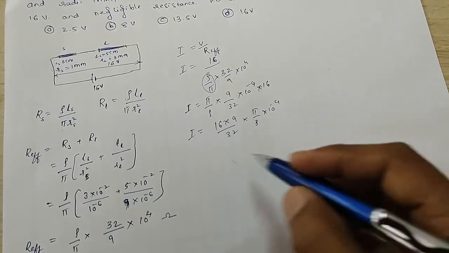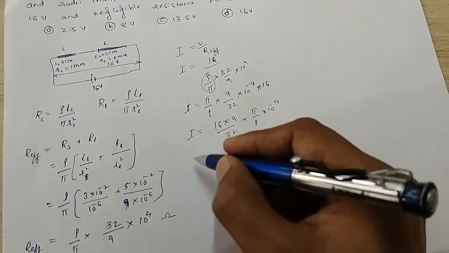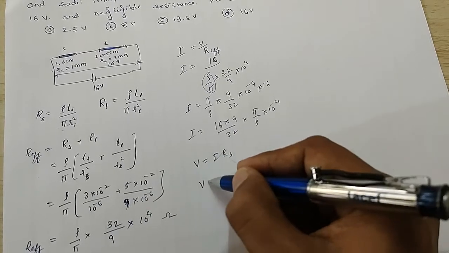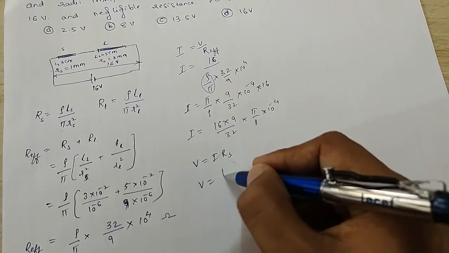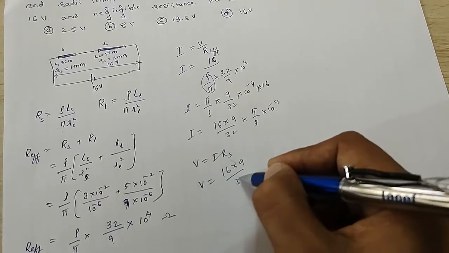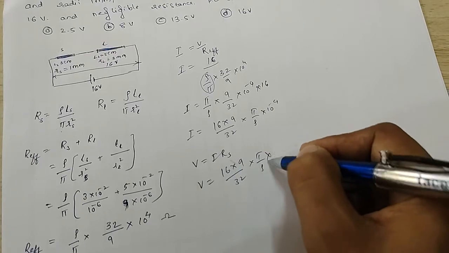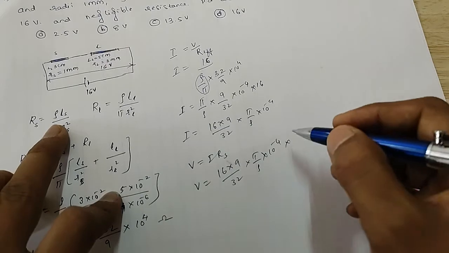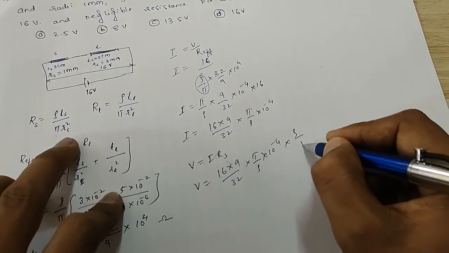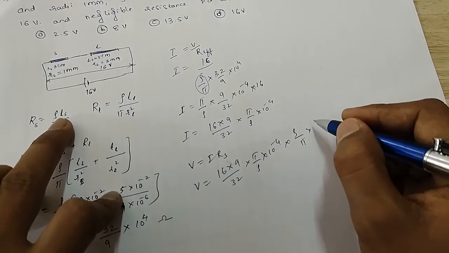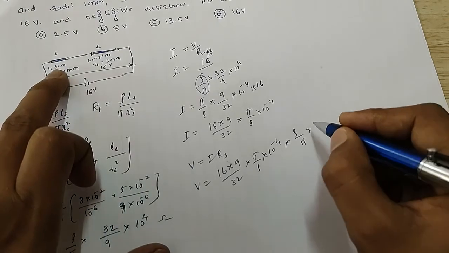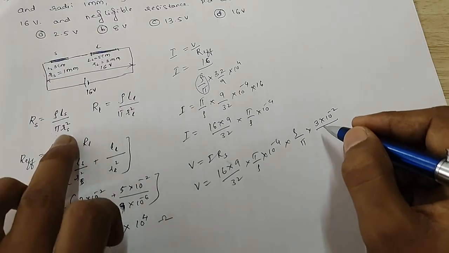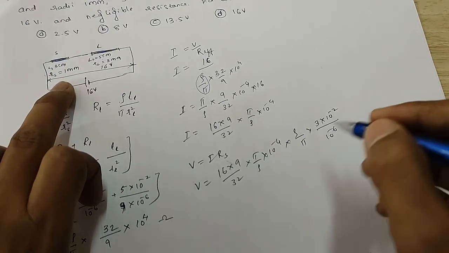Now the voltage across the smaller resistance is V equals I multiplied by RS. We have already calculated I, that is 16 multiplied by 9 divided by 32 multiplied by pi by rho 10 raised to minus 4, multiplied by RS. RS, the smaller resistance, is rho divided by pi multiplied by the smaller length, 3 into 10 raised to minus 2, divided by the radius squared, 10 raised to minus 6.